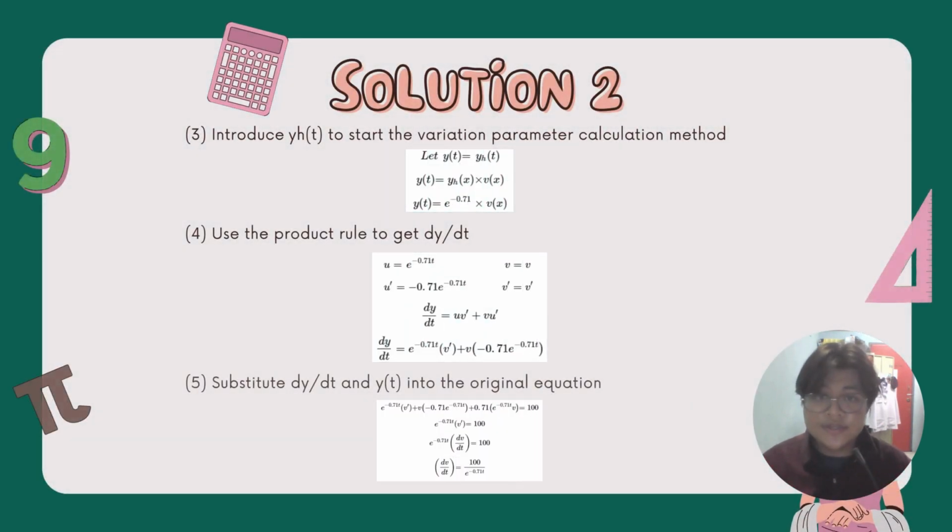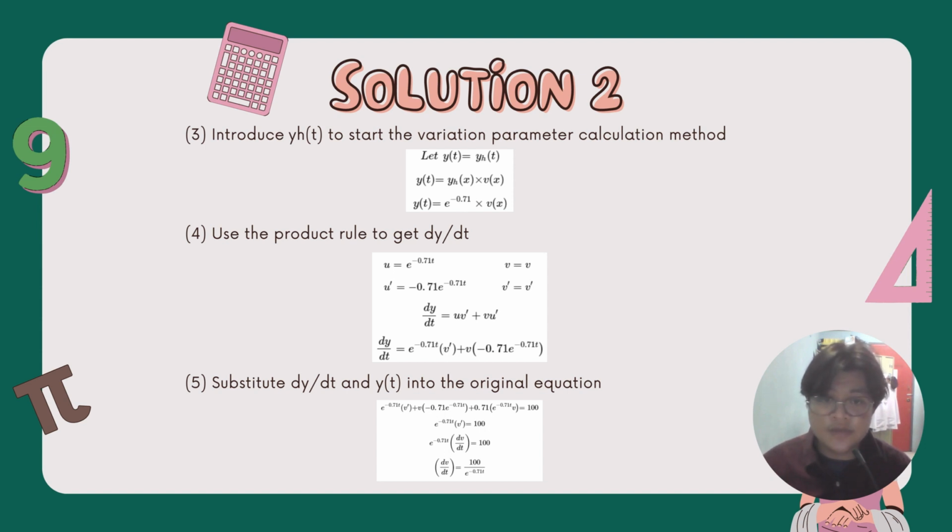Step number 3 is to introduce y_h(t) to start the variation of parameters calculation method, and we will get y(t) equal to exponential negative 0.71t times v(t).